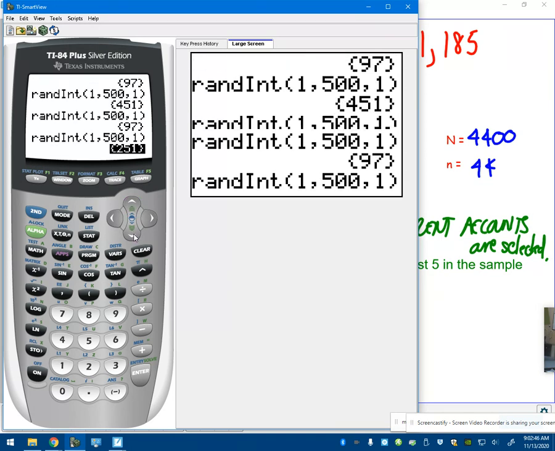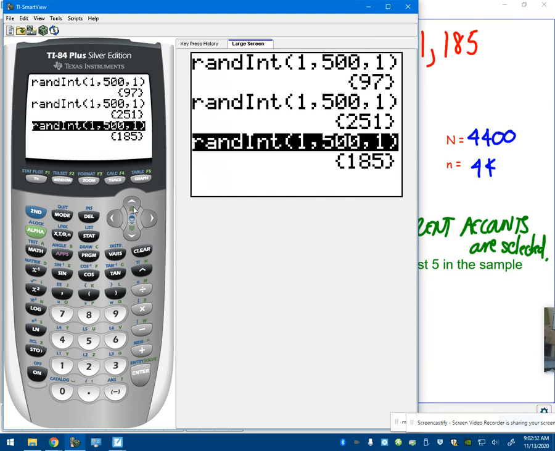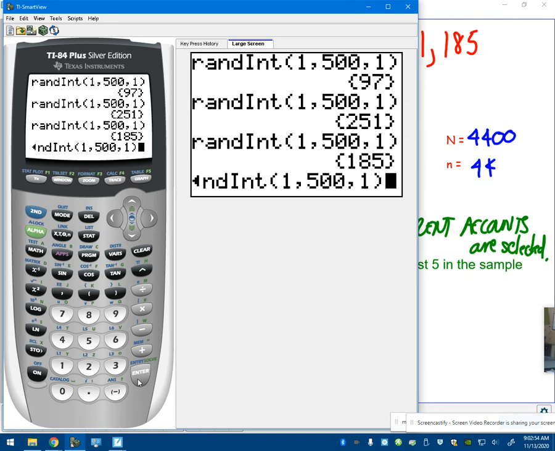Okay, so let me do one more. So now I'm where you guys are. You can go back up to this randint and press enter, and back over to the 500 and put 4,400. You can't just put 440, you have to type, or, oh, you guys can do that.